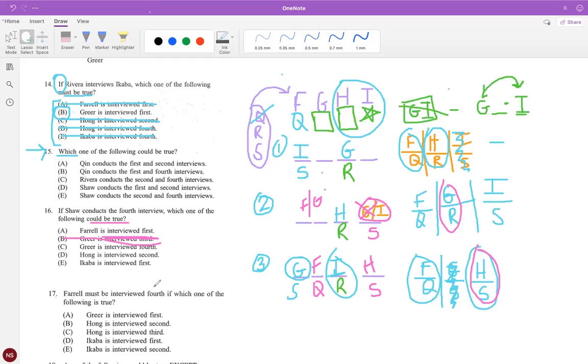Greer's interview in the fourth, and I will cross that out as well. Hong is interviewed in the second one, cross that out. And so Ichabod is interviewed in the first, and I will cross that out.